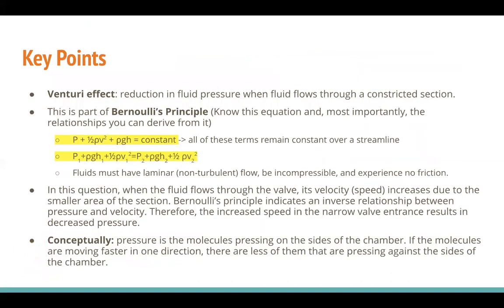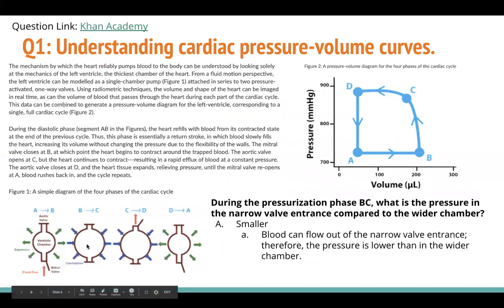The major thing that's going on is the Venturi effect. This is the reduction in fluid pressure when fluid flows through a constricted section. So basically, in wider parts of the ventricle, the pressure is greater than in the narrower parts. This might seem counterintuitive.